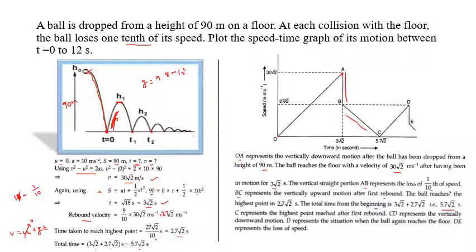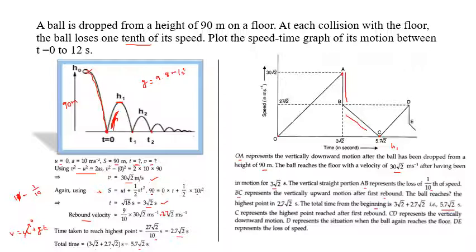And C represents the highest point reached after first rebound. See, this C point is the highest point reached after first rebound. I have given the diagram for reference. See, this H1 is nothing but C. And CD represents the vertically downward motion.